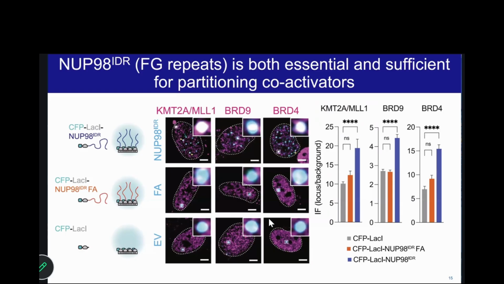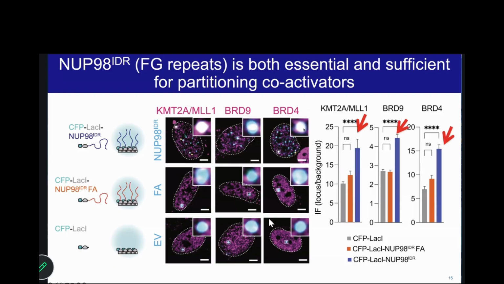And that's exactly what we did. For three coactivators we identified from the BioID analysis, as I mentioned early on, which includes MLL1, one of the methyltransferases of the MLL-WDR5 complex, BRD9, which is a SWI/SNF component, and WDR4.